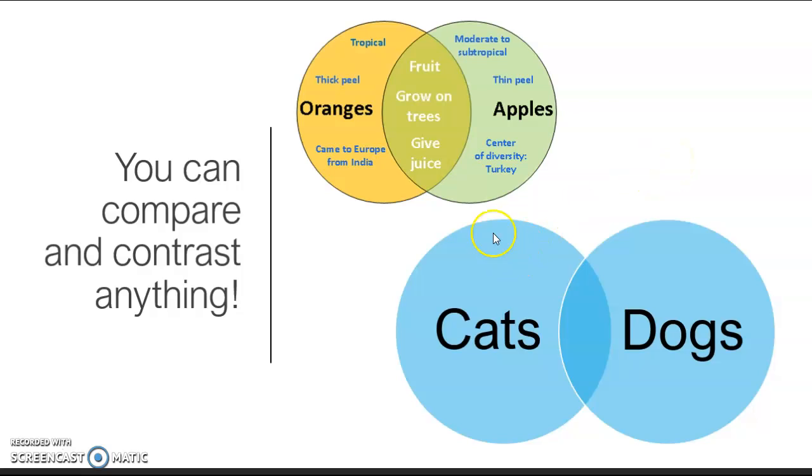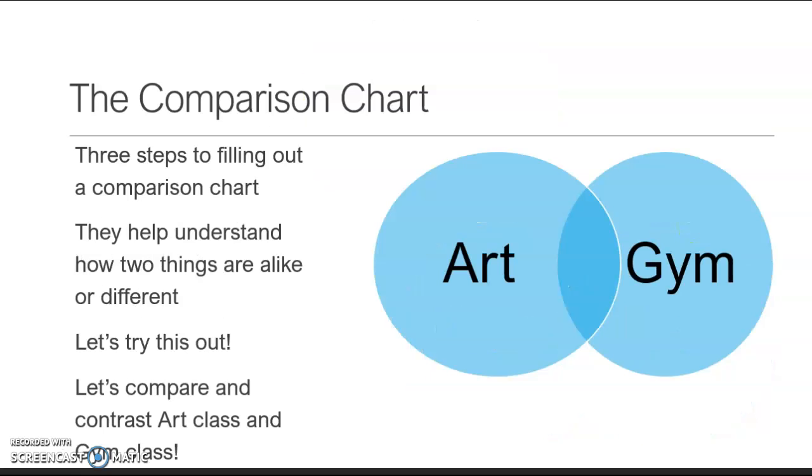So you would have a cat column, a similarity column, and a dog column. Okay, so the comparison chart, there are 3 steps to filling out a comparison chart. So you have one topic on the left, the similarities in the middle, and the second topic on the right.